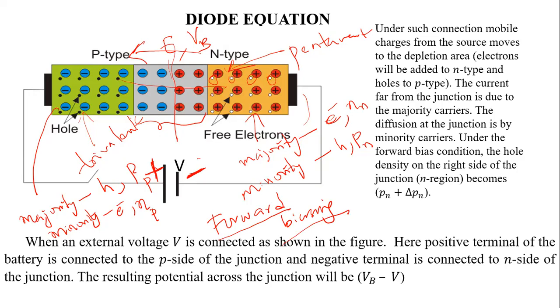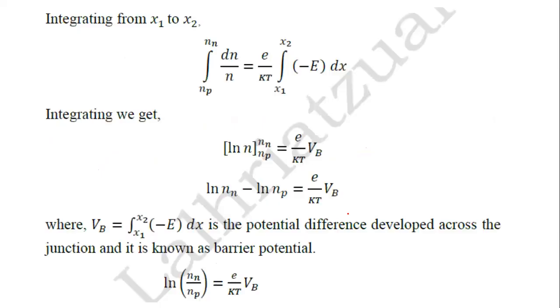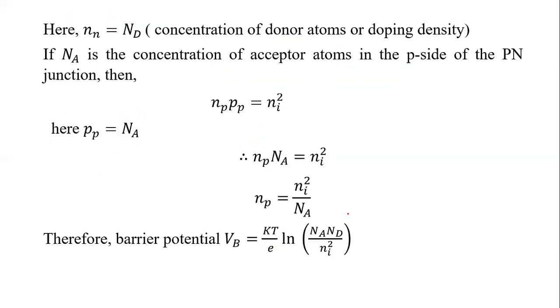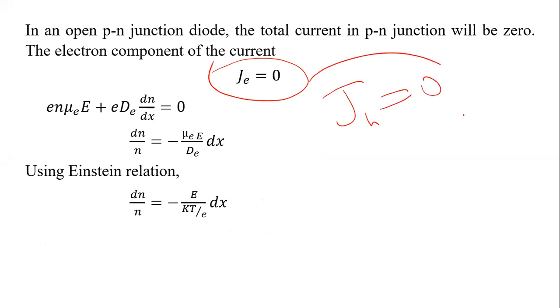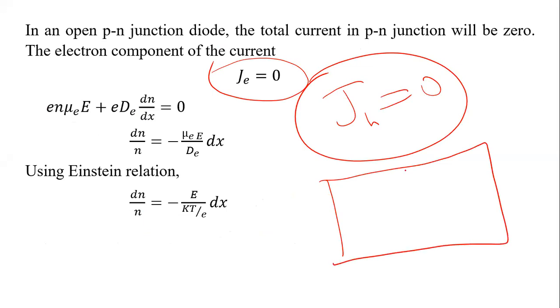Like I said in yesterday's class, without any external biasing, the current due to electrons and the current due to holes across the junction are zero. If you have a PN junction without any external connection, there is a space charge region with positive ions and negative ions.